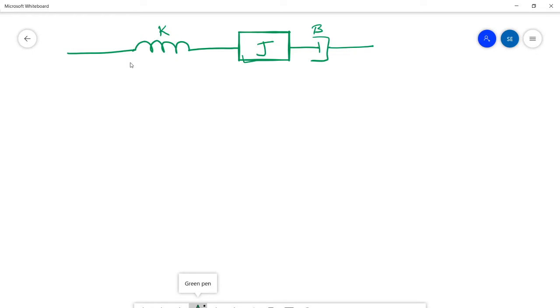Here, as I said, one end is fixed. With the first problem, we will go with the fixed end. The applied torque is T, and the displacement is referred to as theta.